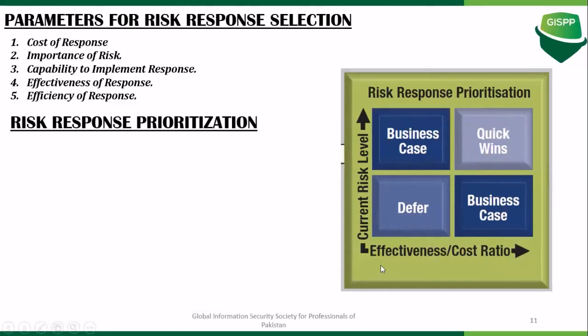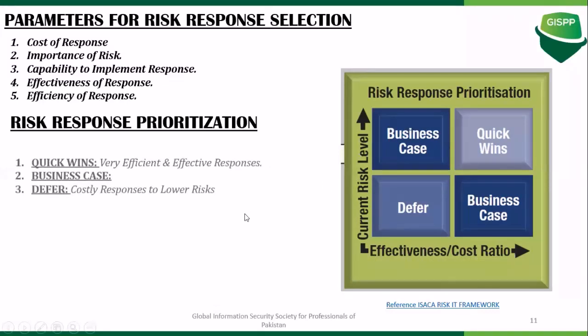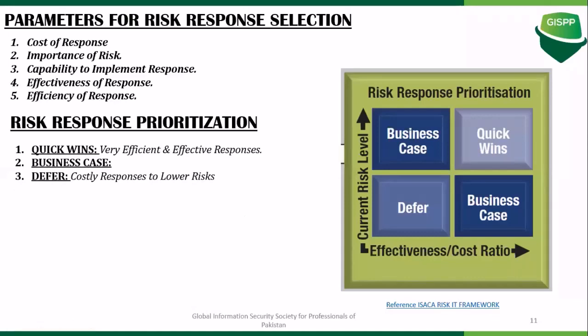This image is taken from the ISACA Risk IT framework. Here you have the effectiveness to cost ratio, and here you have the risk levels. The first option that you have is the quick win. In this case, the effectiveness to cost ratio is quite high, and the risk level is also quite high.